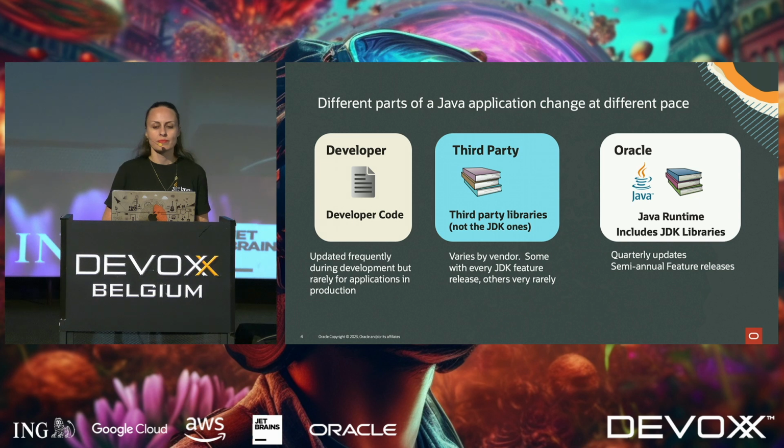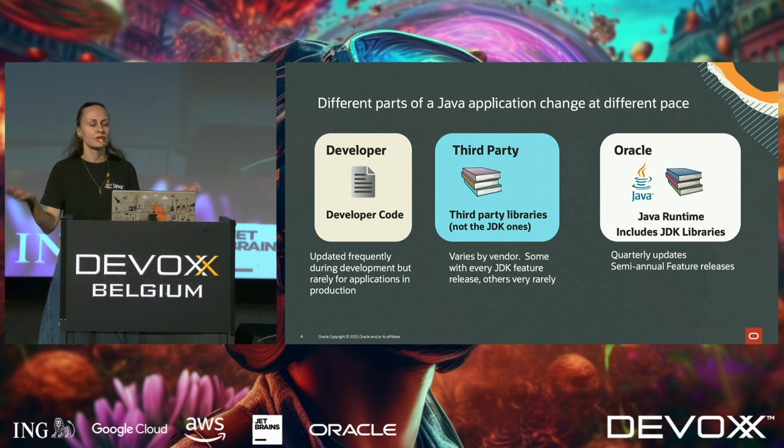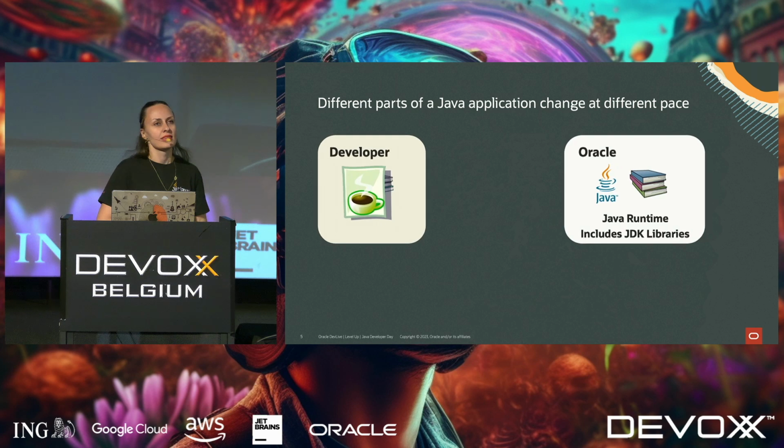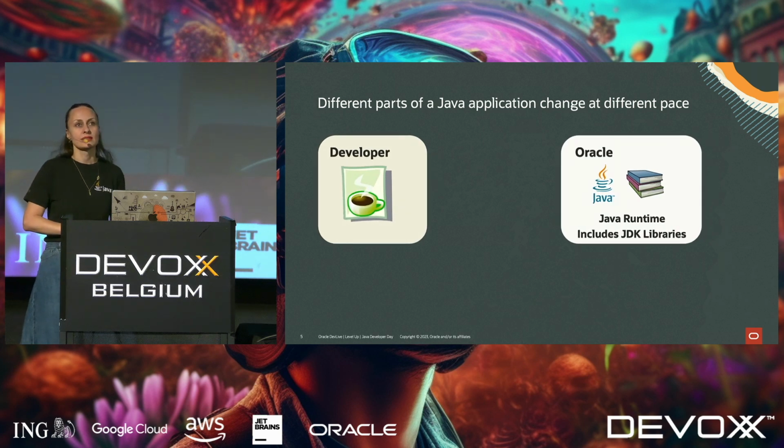Now, the JDK libraries are free for you to learn and to implement whatever you want, and they're very cool. They also provide a unified base of features that you can rely on. And they change at a different pace than your code.